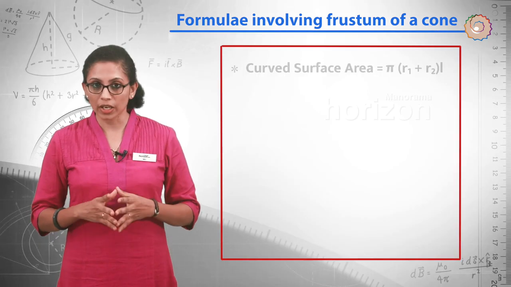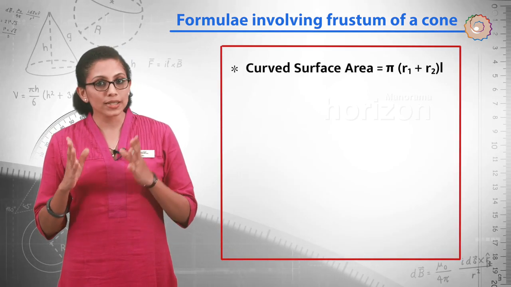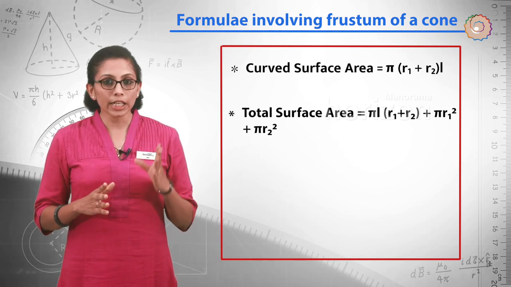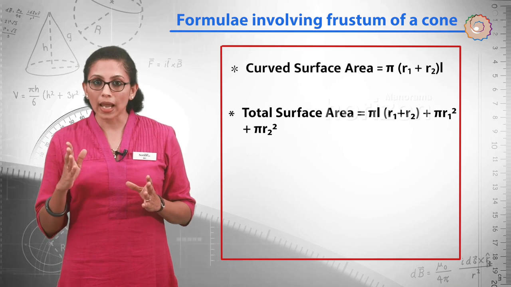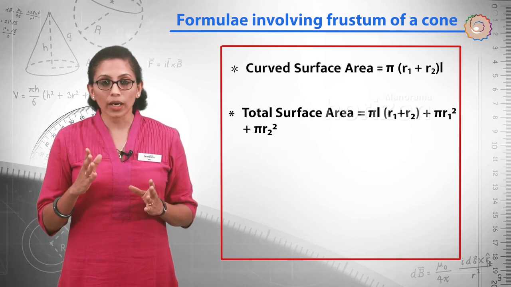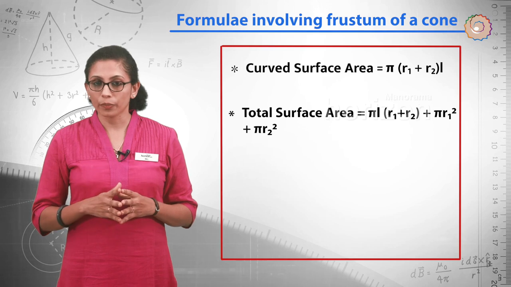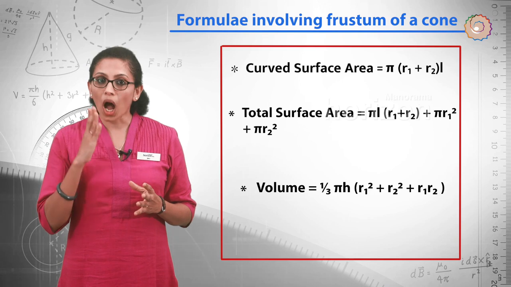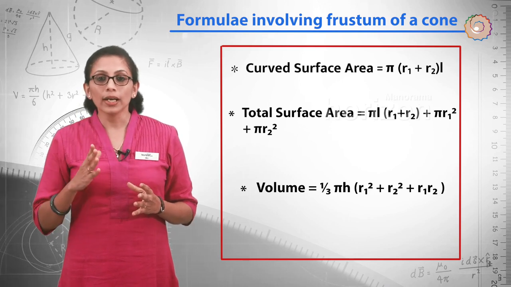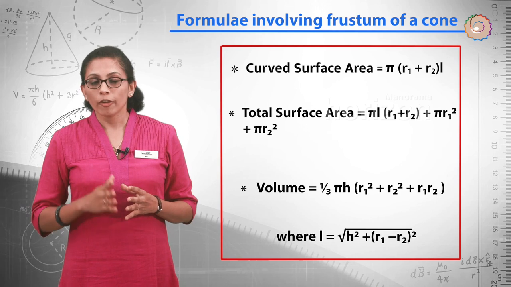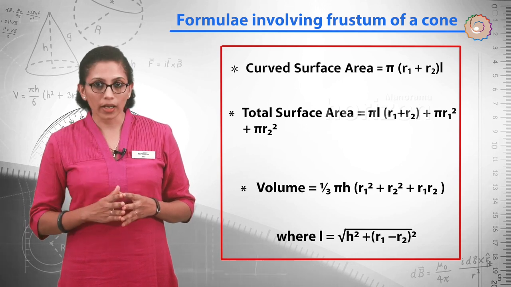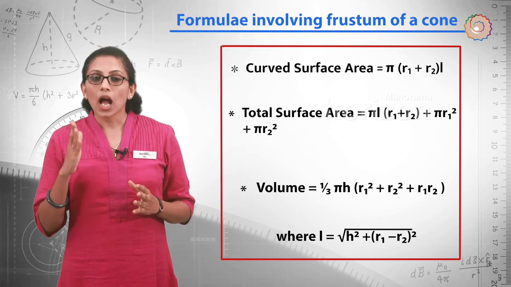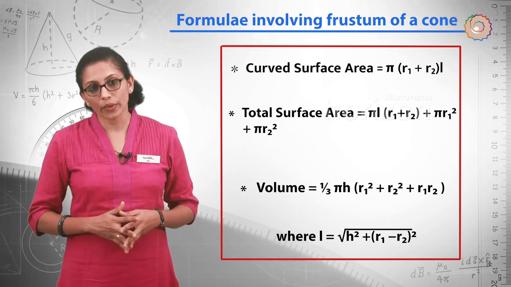Curved surface area is given by pi into (R1 plus R2) into L, while the total surface area is given by pi into (R1 plus R2) into L plus pi R1 square plus pi R2 square, and the volume is given by 1 by 3 pi h (R1 square plus R2 square plus R1 into R2), where L is the slant height, given by the square root of h square plus (R1 minus R2) the whole square.